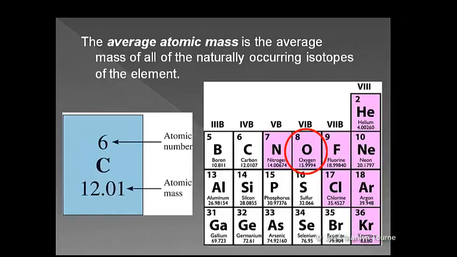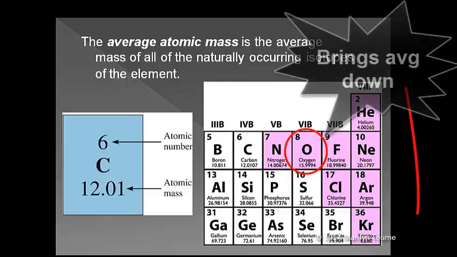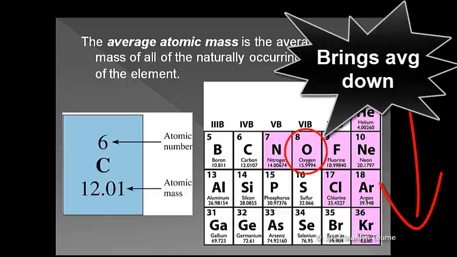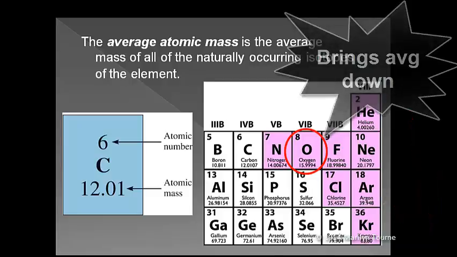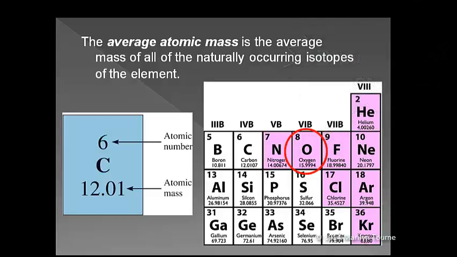This one's a little bit more accurate, a little bit more precise, but why do you think it's 15.994? It must be that one of the naturally occurring isotopes of oxygen is a little bit less than 16, which brings the average down.